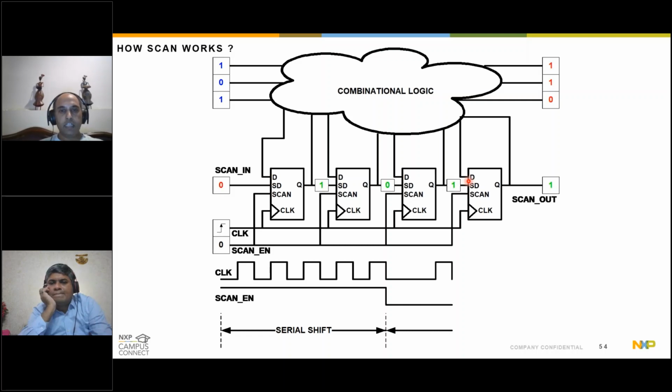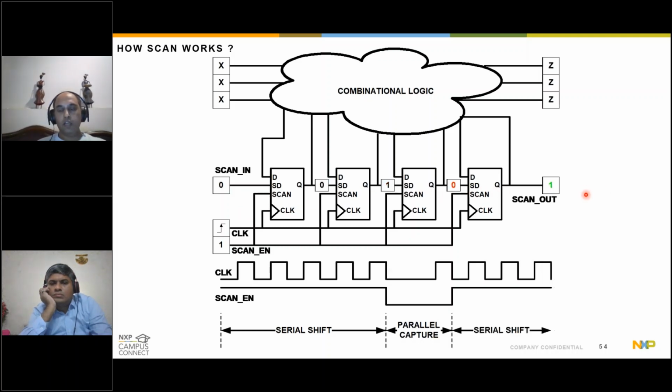And when I give the next clock edge, what happens? These flops will capture the value coming through the D input, because my scan enable is low. So with this clock edge, all the flops capture the actual state from the combo logic. Again, I will make the scan enable high and start shifting out the data through these 4 flops to the primary outputs.